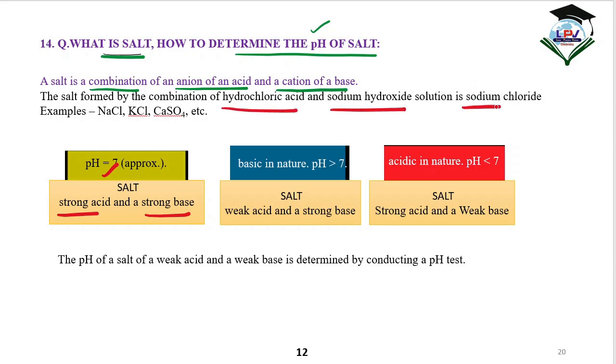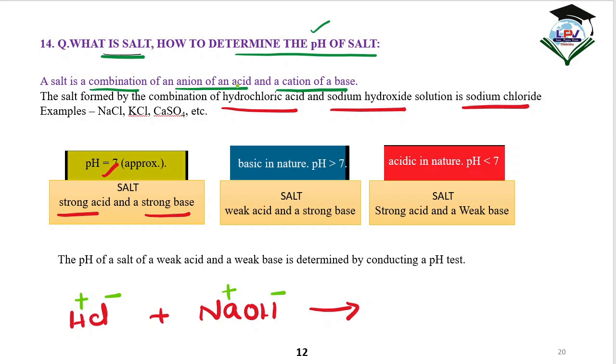It gives you a sodium chloride salt. You're taking a strong acid, which is HCl, and a base NaOH, and you're supposed to get sodium chloride. And this is H plus, this is Cl minus, Na plus, OH minus.